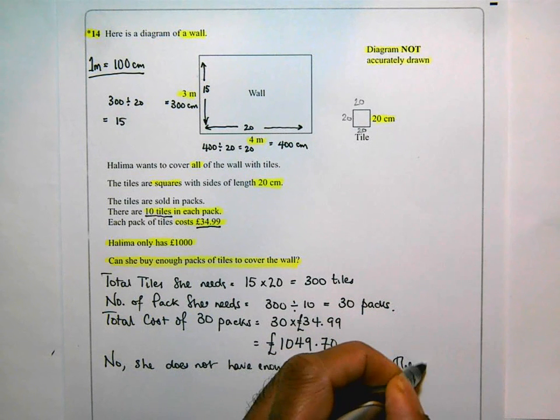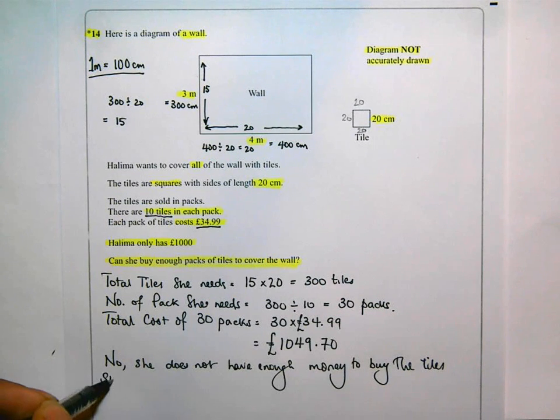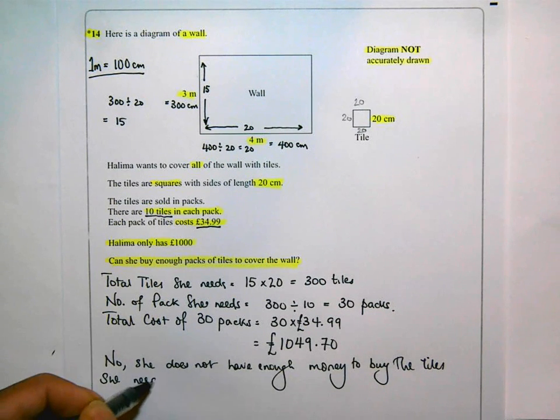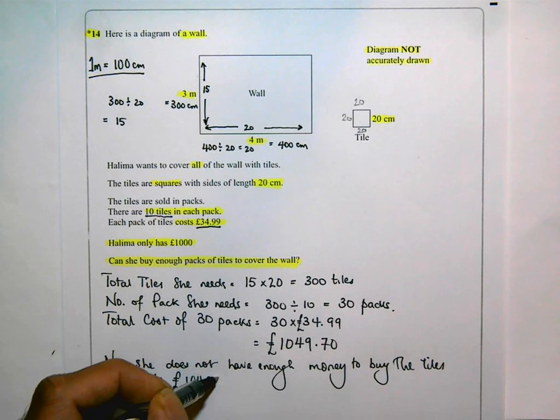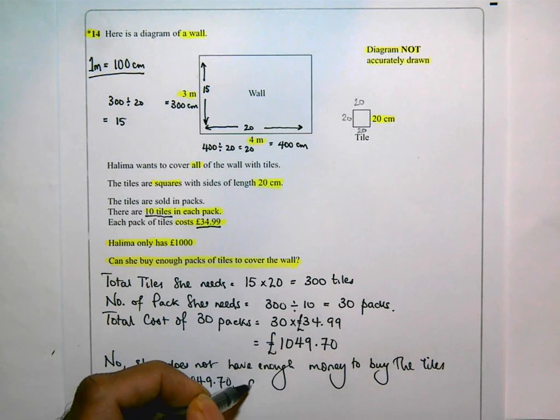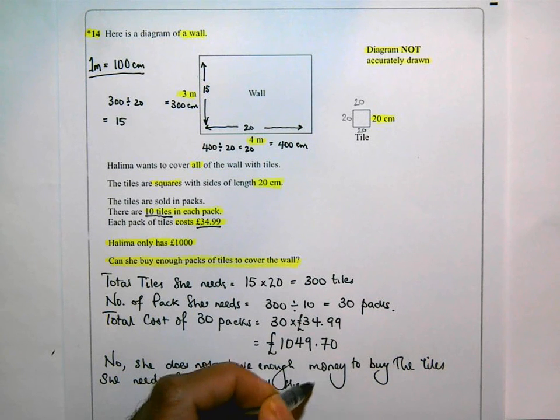I'm going to put she needs £1,049.70, and she only has £1,000.